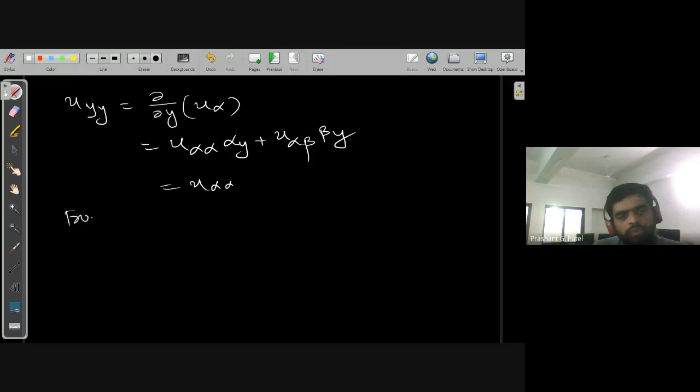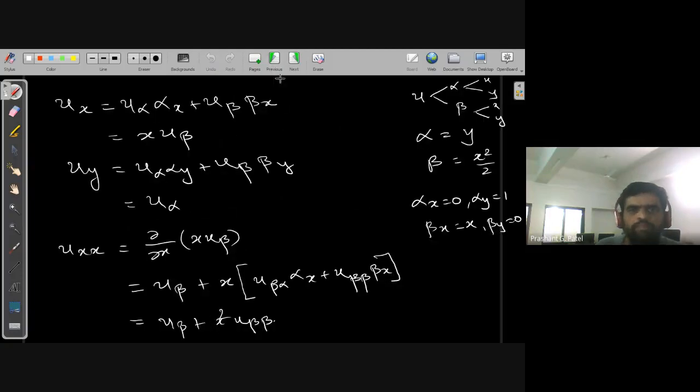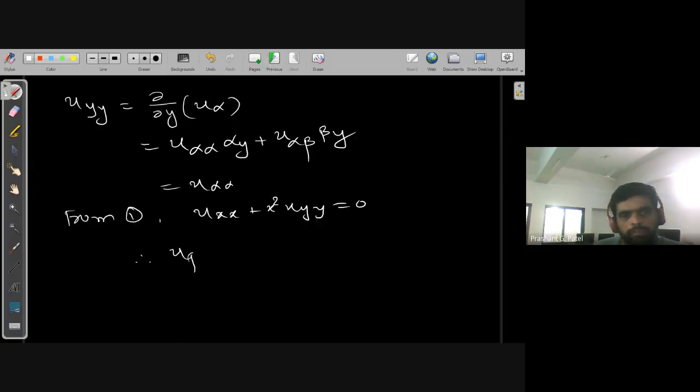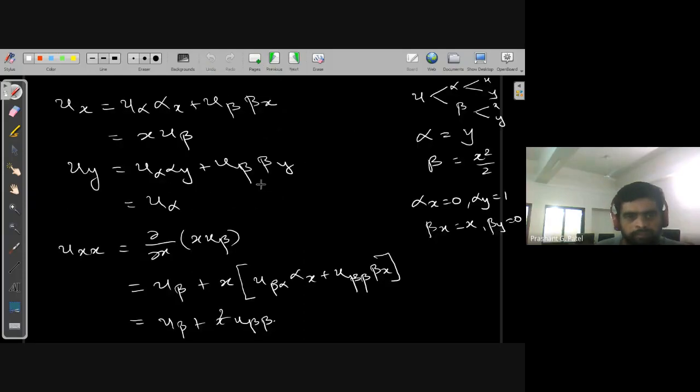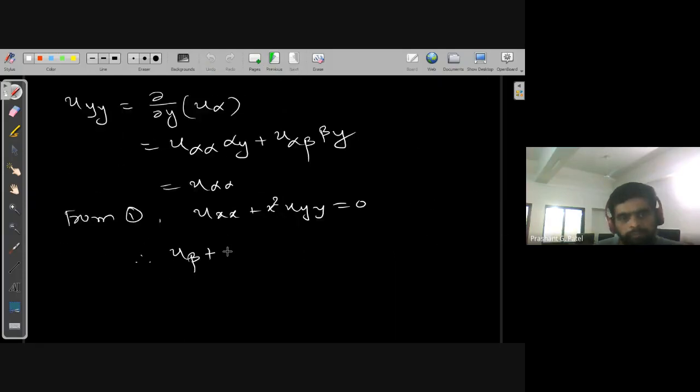Now from equation 1, the given equation is uxx plus x square uyy equal to 0. We substitute this value. Uxx we have as u beta plus x square u beta beta, plus x square uyy, which is u alpha alpha, equal to 0.